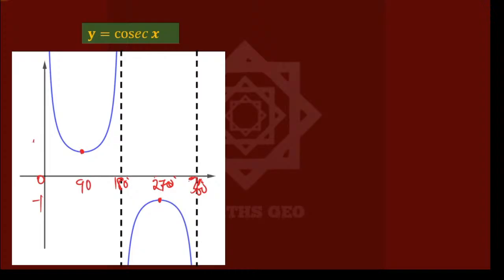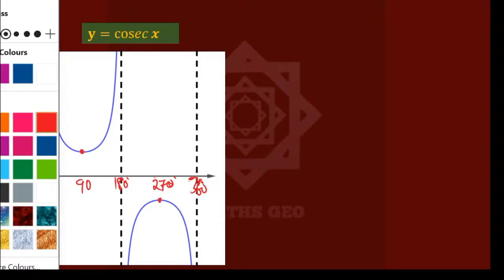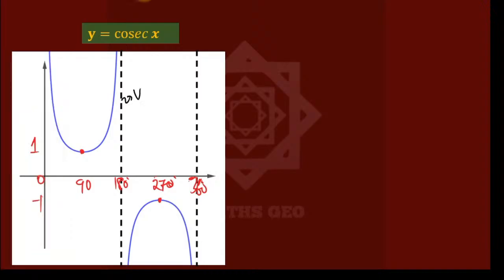So that's the graph. This is the vertical asymptotes. That's the graph of cosec.